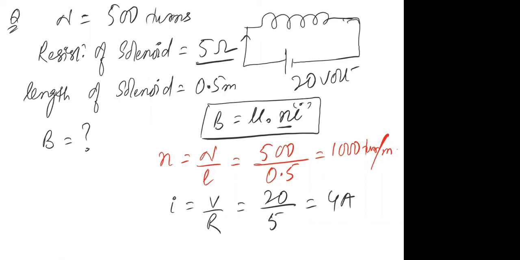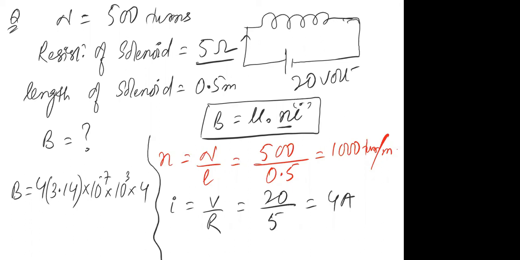You got the value of number of turns per unit length. Now substitute all the values in this. What will you write for mu naught? Mu naught is nothing but 4 pi into 10 to the power minus 7. So I will write it as 3.14 into 10 to the power minus 7, multiplied by turns, which is 10 to the power 3, multiplied by current, which is 4.